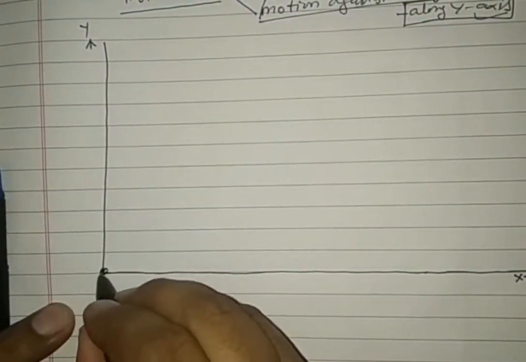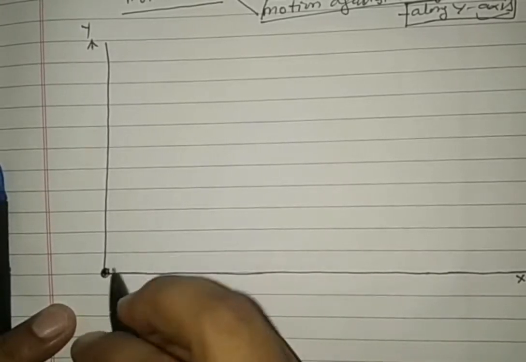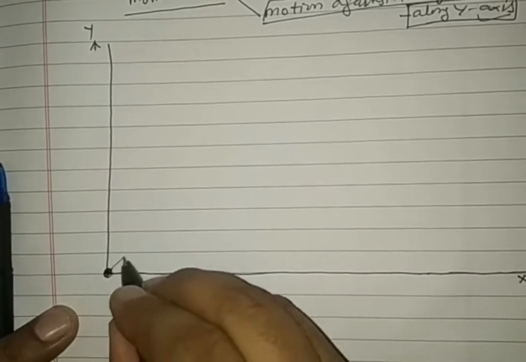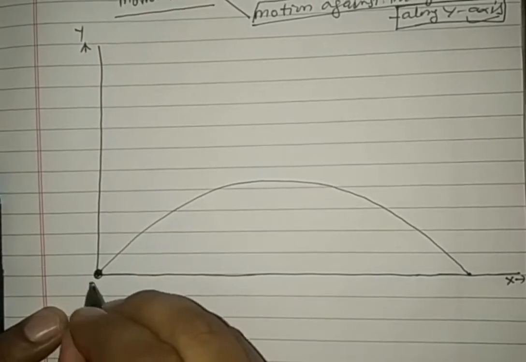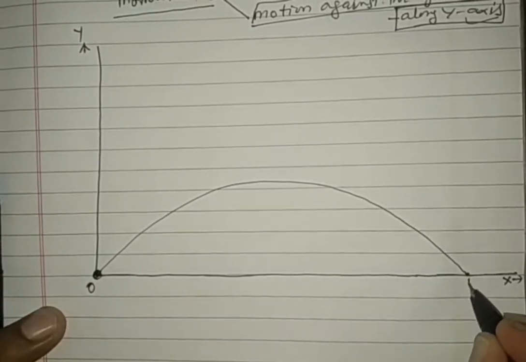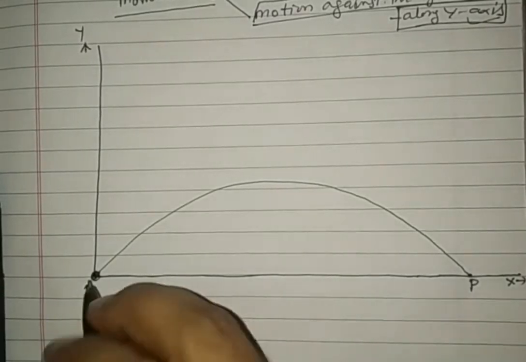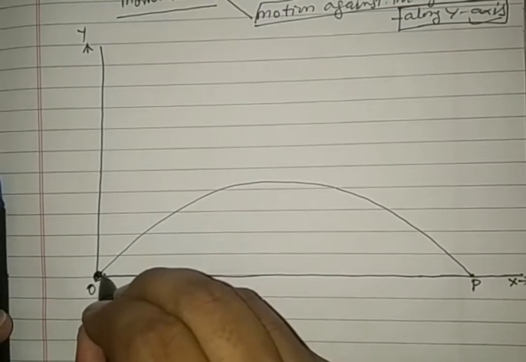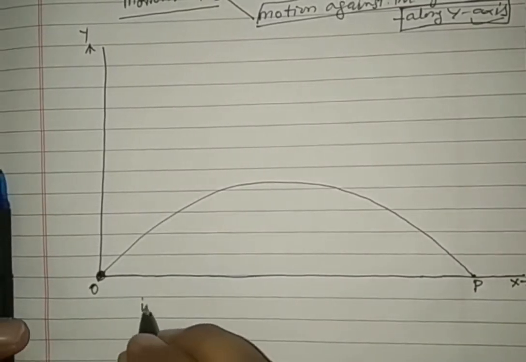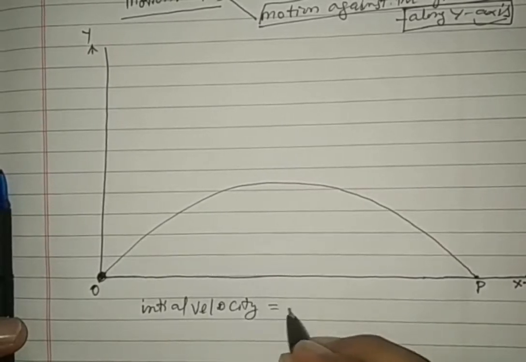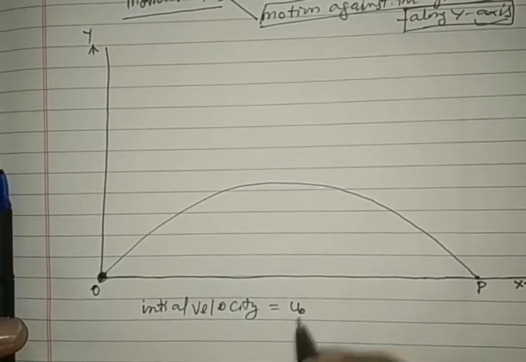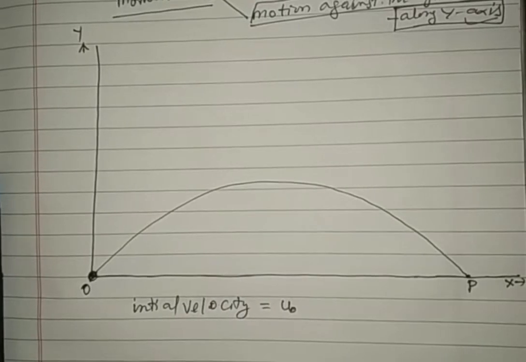Let this be the x-axis and this the y-axis, and a ball is thrown from here with velocity u in this direction, and it followed this path and reached here from O to P. Suppose this is the path of a ball when thrown with initial velocity u naught.